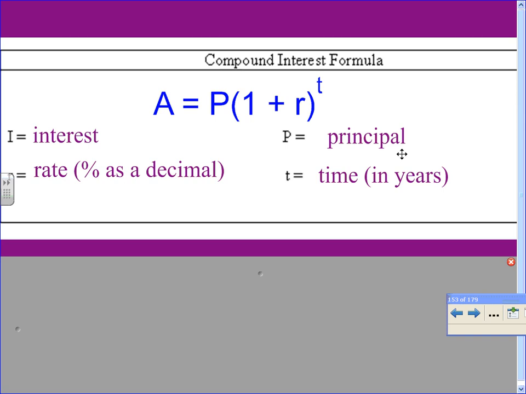Jeremy, you working? Charles, go ahead. No, because you have to do what's inside parentheses first.